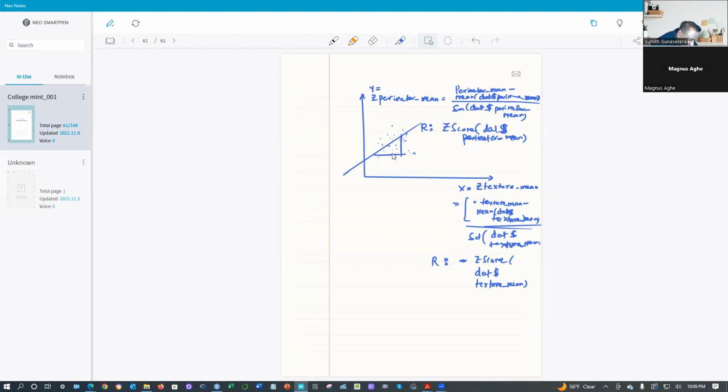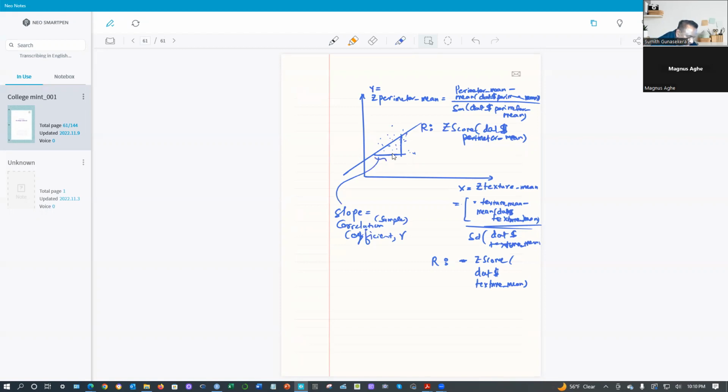This slope equals the correlation coefficient, which is simple r. To make it more specific, I'm going to say sample correlation coefficient. R is the slope.